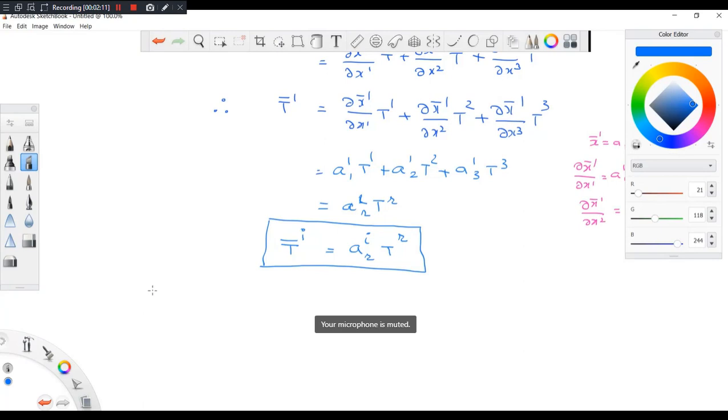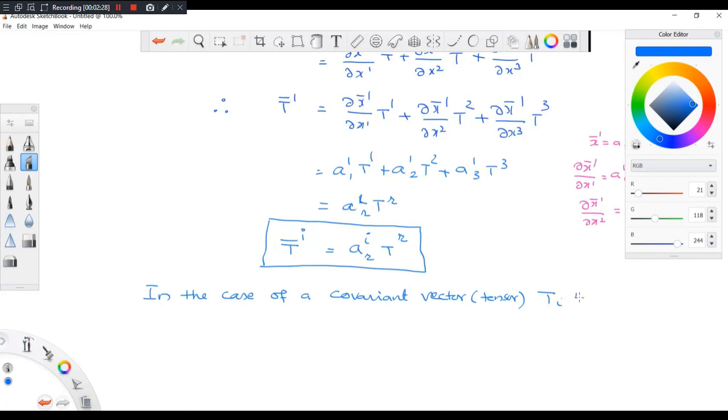And similarly you can see that in the case of a covariant vector or tensor Ti, we have the transformation law.